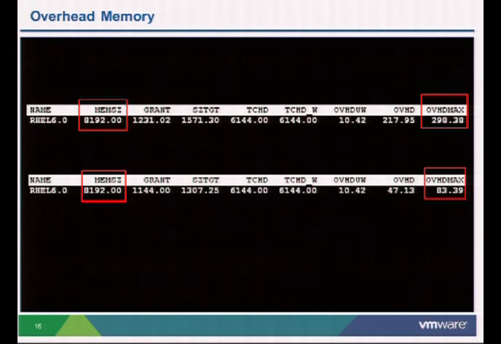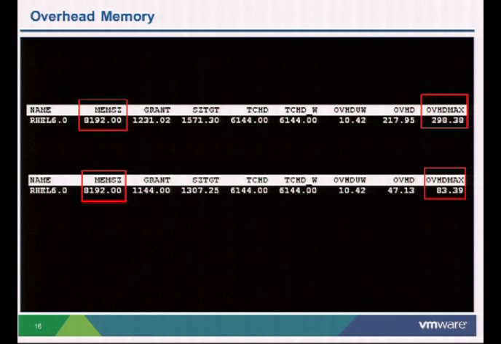This happens specifically if you have hardware which supports hardware MMU. There's a feature called NPT by Intel and RVI by AMD. If that feature is there in your processor, we don't have to do this bookkeeping. The hardware does the bookkeeping for us, and therefore we don't need to reserve a lot of memory. So this greatly reduces your overhead memory. In this case, all I did was flip that option.